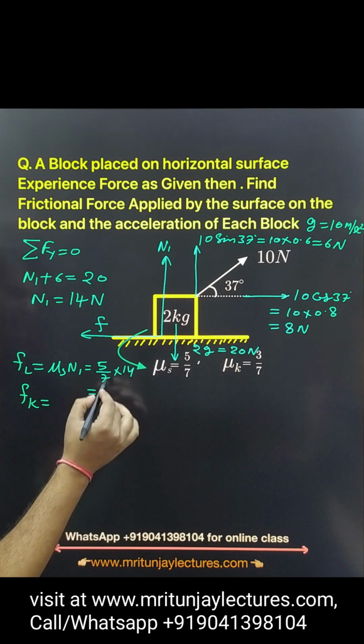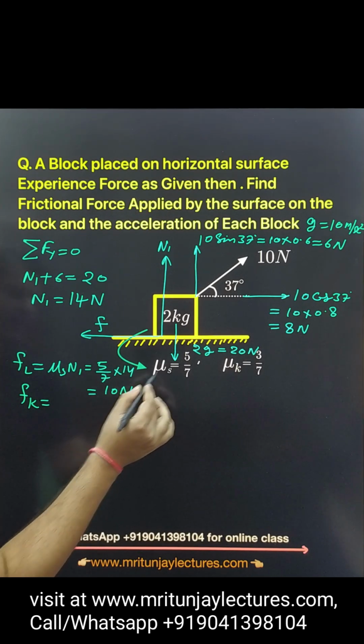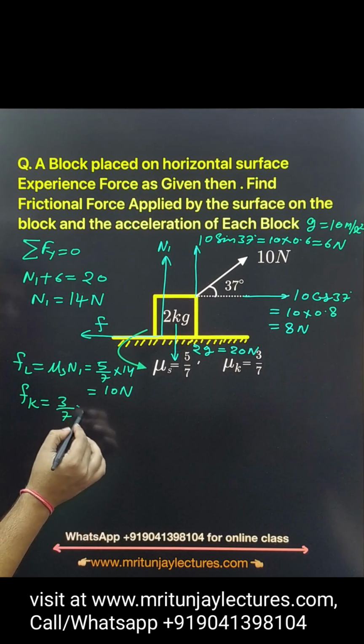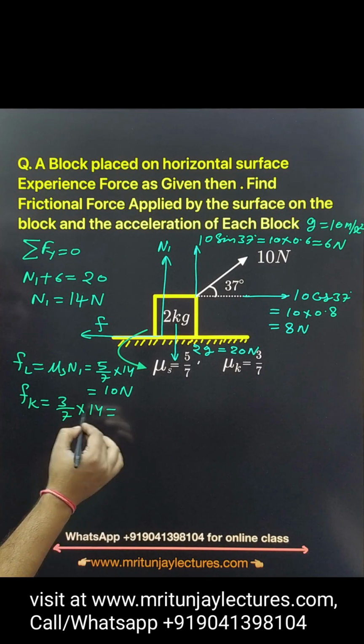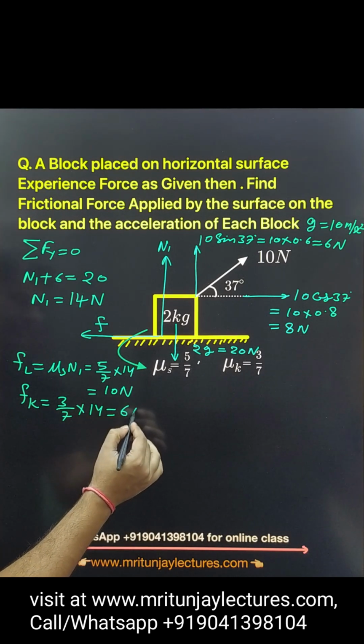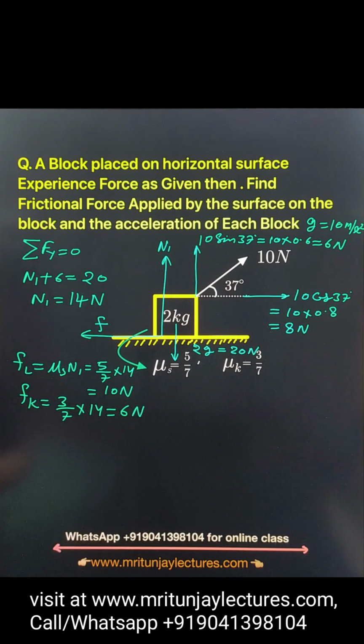So that is 5 into 2, that is 10 Newton. And fk is mu k into N1. Mu k is 3 by 7, and N1 is 14. So 3 into 2, that is 6 Newton. I hope it is clear. Now whether this block is moving in this direction or not is decided by the frictional force.